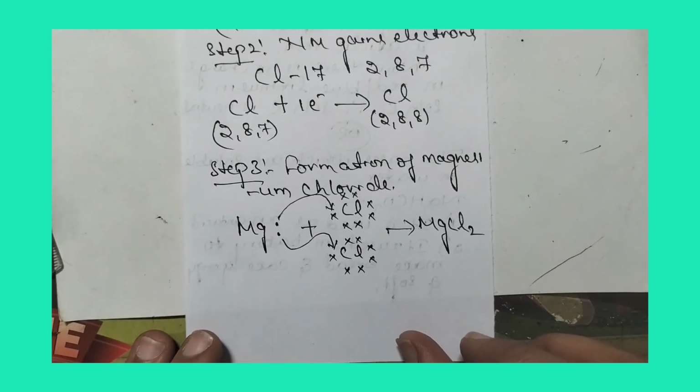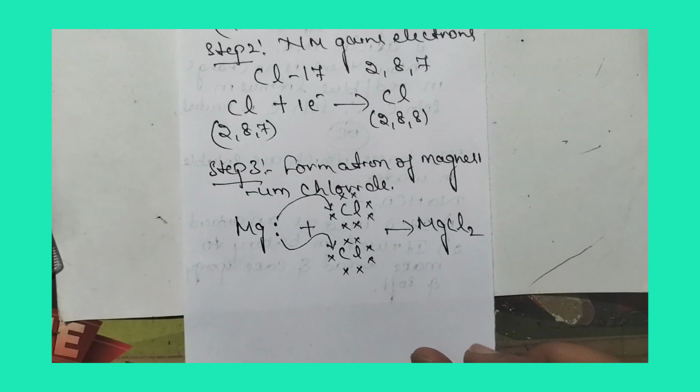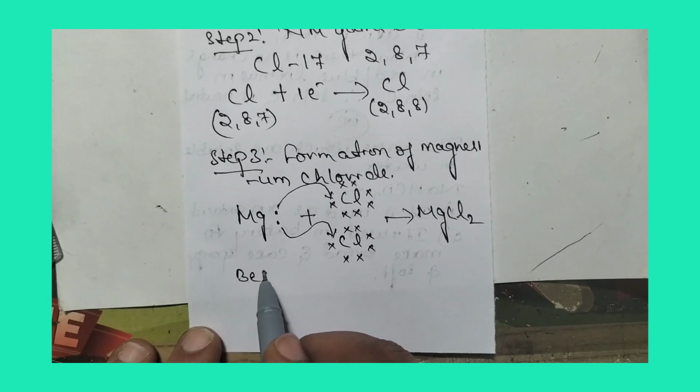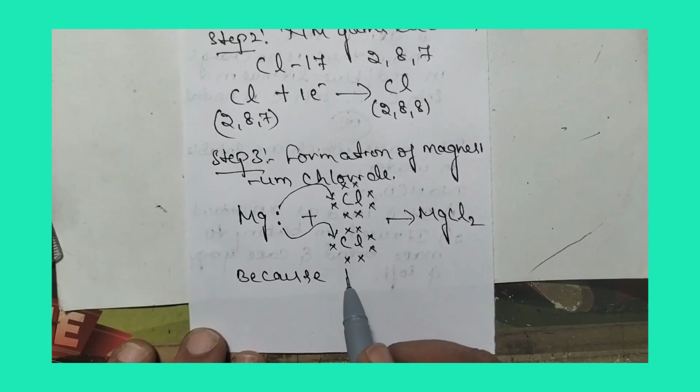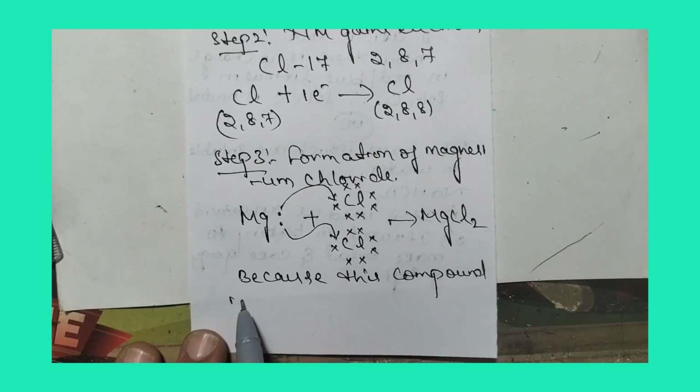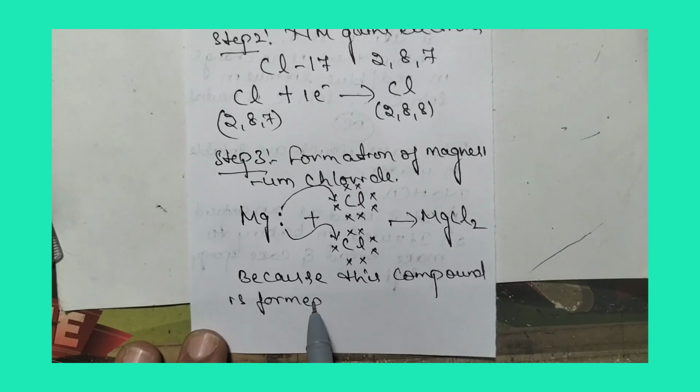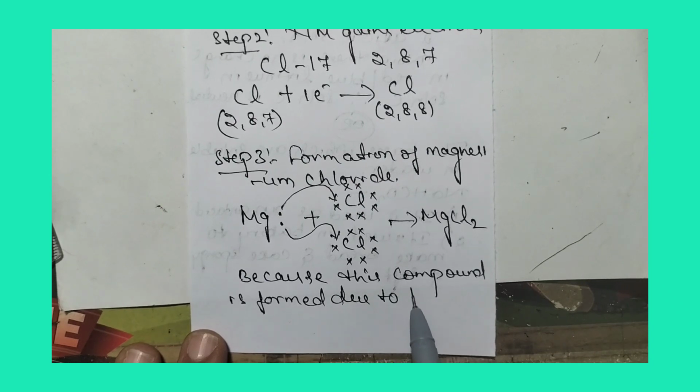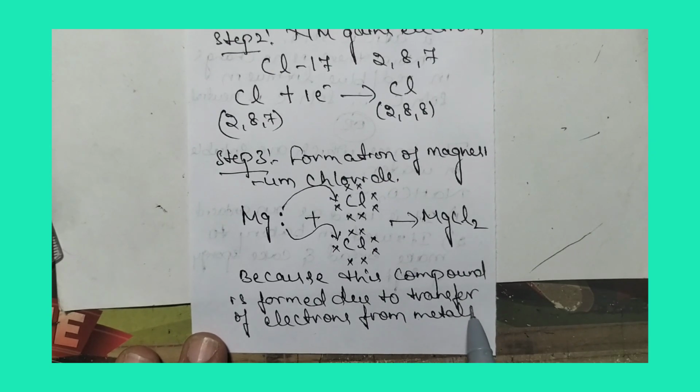So the magnesium chloride formed is an ionic compound because this compound is formed due to transfer of electrons from metals to non-metals.